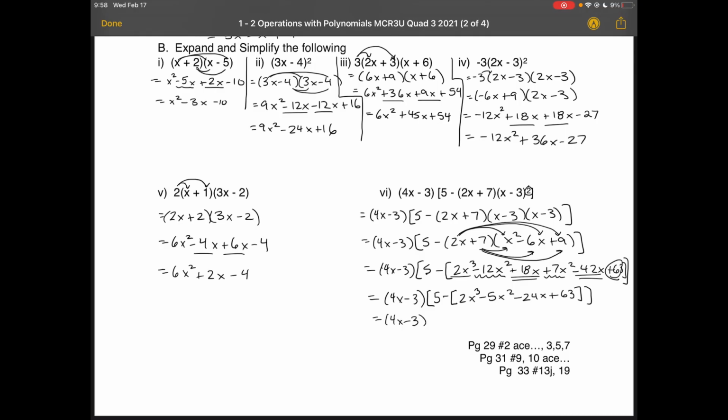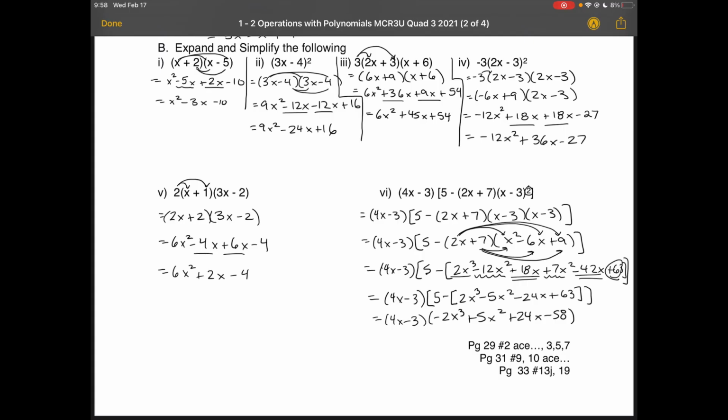Then I could add the 5 in there. So now I only have a polynomial times a binomial. So I'm going to end up with a lot of terms. Minus 2x cubed plus 5x squared plus 24x minus 58.